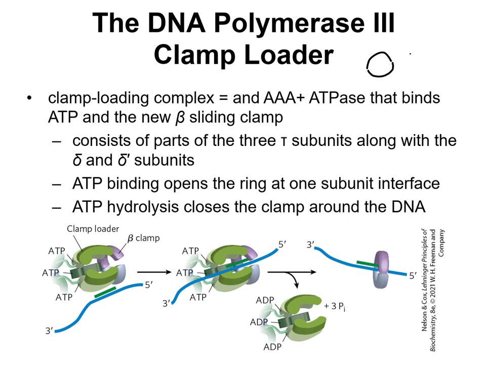The clamp loader opens up one of the interfaces. So this is an interface. This is an interface. We maintain one interface, but we open the other. And that's what ATP binding does. Hydrolysis of ATP causes the clamp to close down around the DNA.